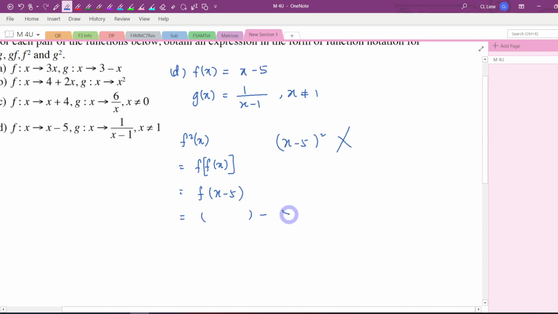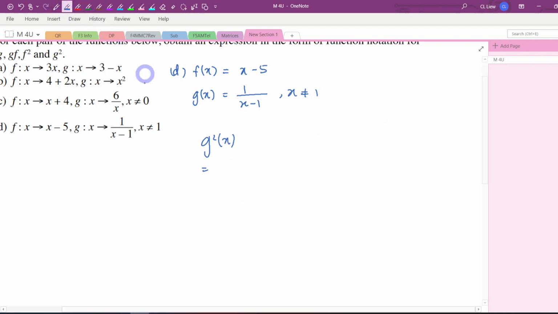What I'm going to write here depends on what I see inside the parentheses. As I told you just now, you don't have to write the parentheses here, it's actually okay. So you will get x minus 10. So this composite function maps x to x minus 10.